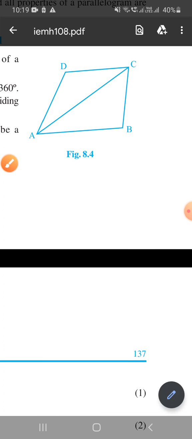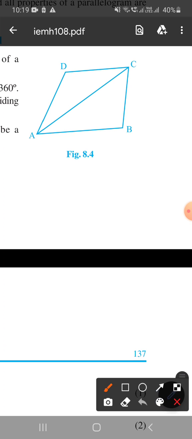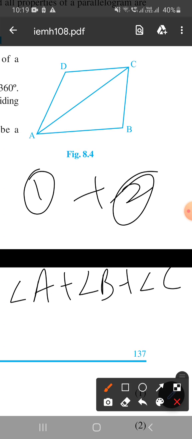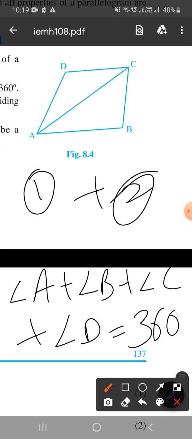So adding equation 1 plus equation 2, angle A plus angle B plus angle C plus angle D will be equal to 360 degrees. This is the basic proof regarding the sum of interior angles of a quadrilateral.